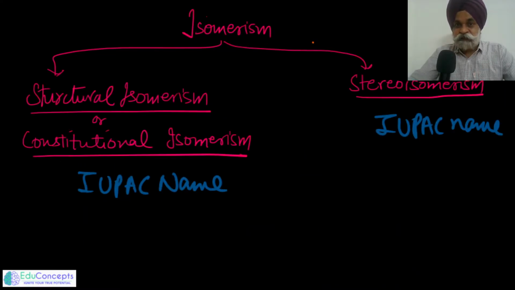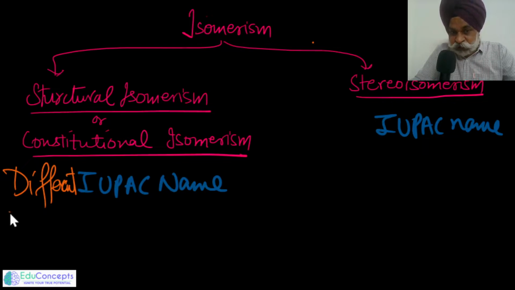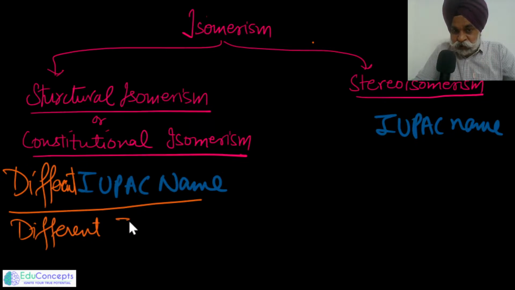As I said in the first session as well, there is a tip to remember: when two isomers are structural isomers, their bonding arrangements are different, so definitely their IUPAC names would be different. Structural isomers have different IUPAC names.